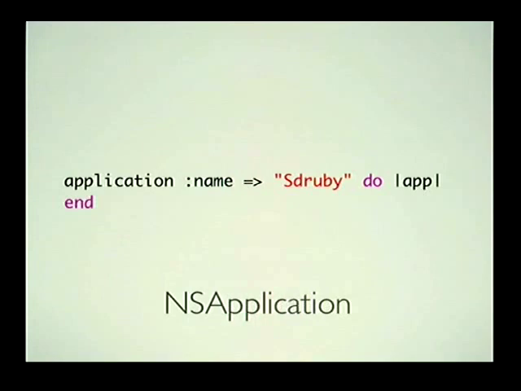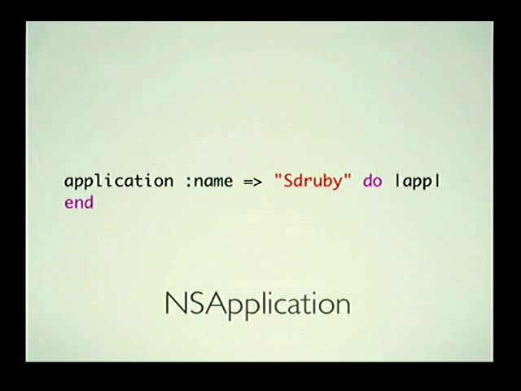What that is, it's HotCocoa just having a binding or a mapping to NSApplication. So here you have your method called application, and it will take different attributes. And these are the selectors. And HotCocoa knows that there are some selectors that you need to pass, and they are always the same, and they're just hidden, and you can override them, but by default they're going to be set up for you. So you just say application name SDRuby do, and now we just have an application that's being built.